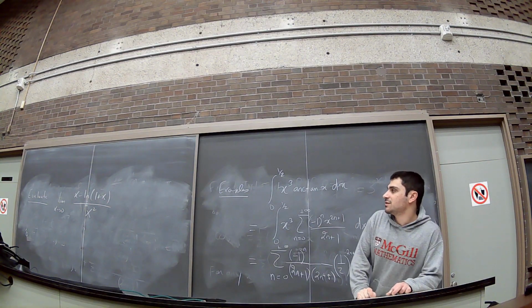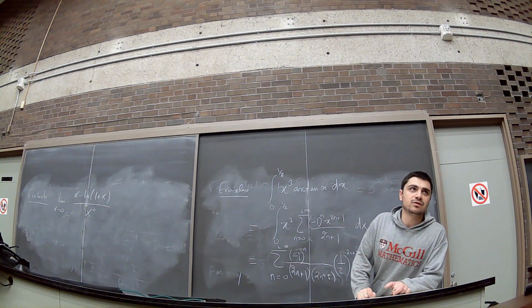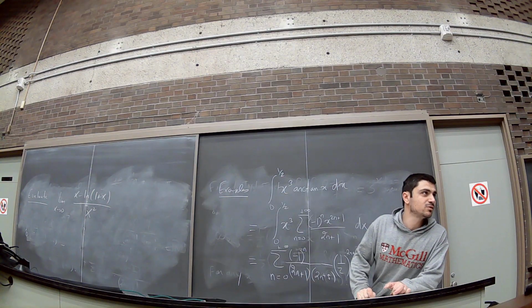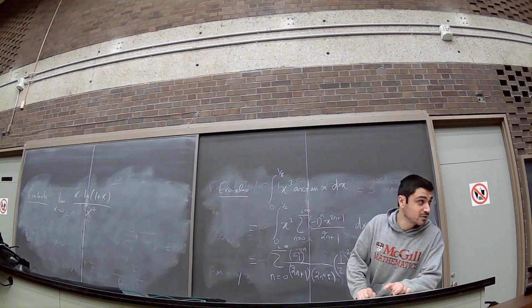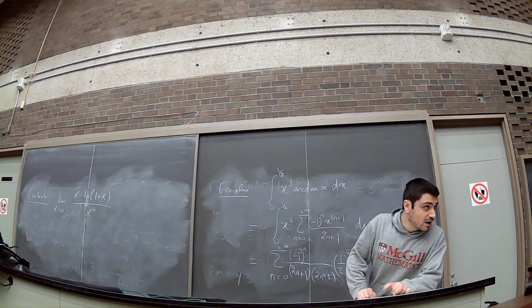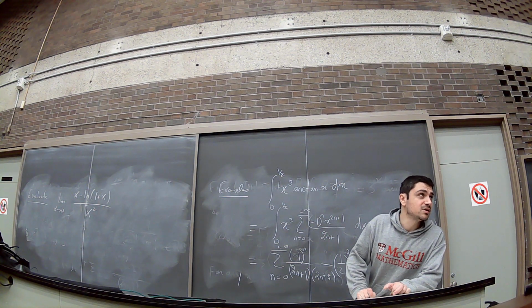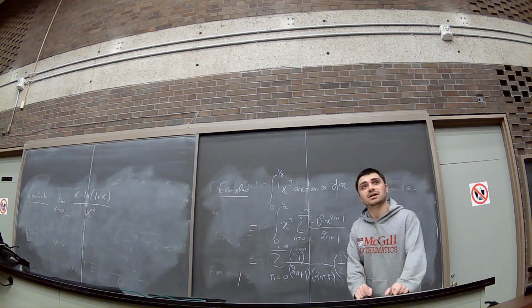So evaluate this limit without using L'Hopital's rule, of course. Using L'Hopital's rule is easy, right? 0 over 0, you differentiate, you get 1 minus 1 over 1 plus x, divided by 2x. Again 0 over 0 still, so L'Hopital's rule again.